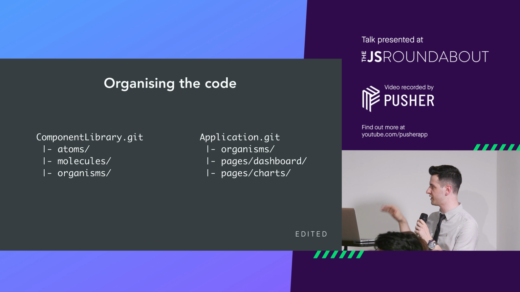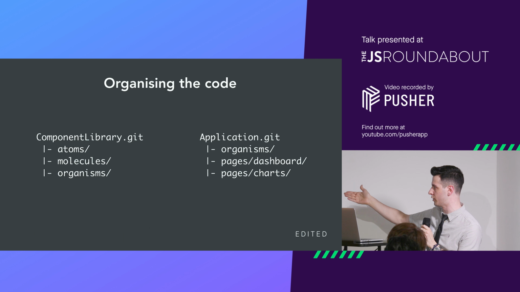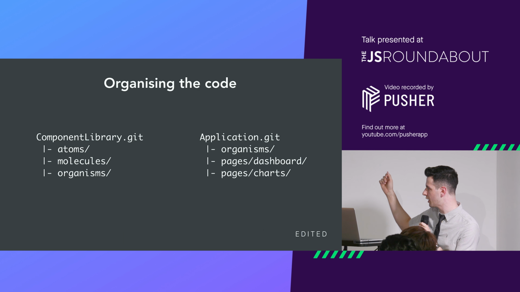Let's say we make a dashboard page, which is the first part you reach when you open the app, and this is kind of like a module inside, and inside you're also going to find your Redux reducers. And then we'll have charts, and there's going to be many more pages in this area.